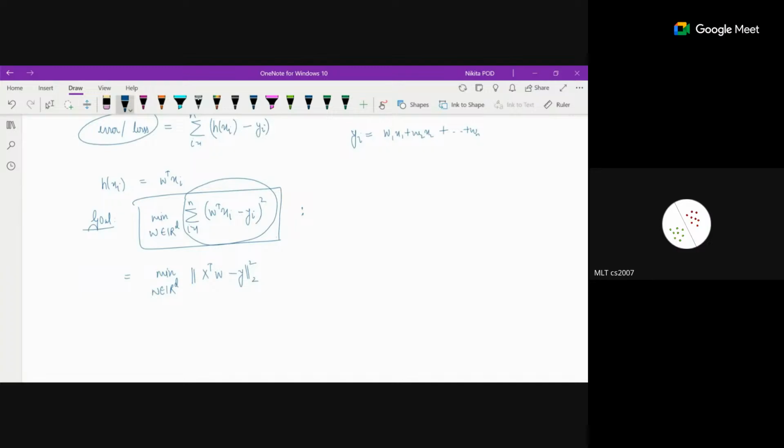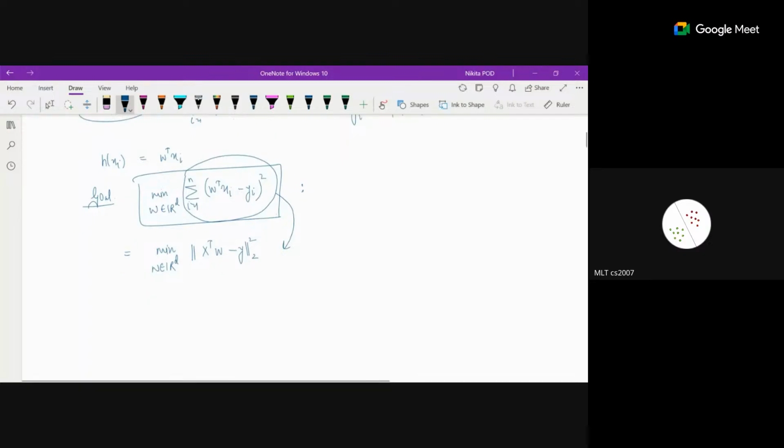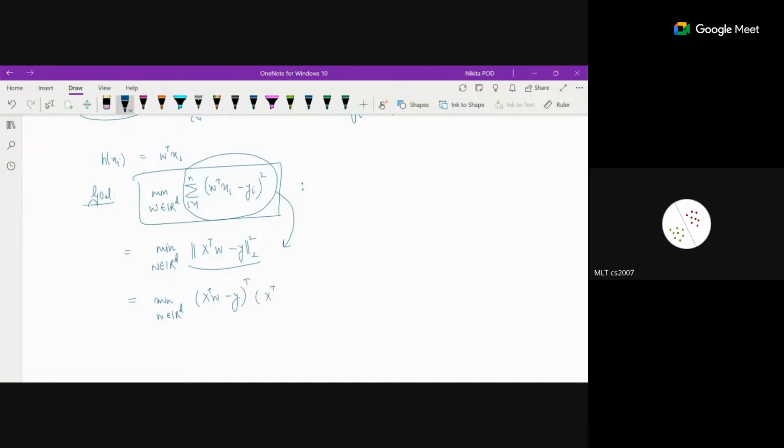This is what we can write this problem as. Now, what we want is to minimize (X transpose W minus Y) transpose times (X transpose W minus Y), right? We want to minimize this function over W, where W belongs to R^D.